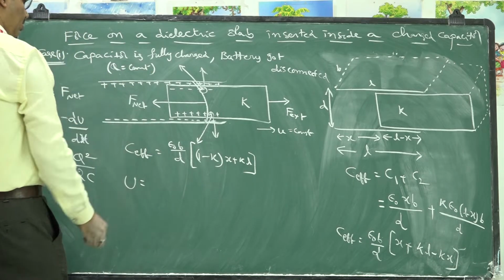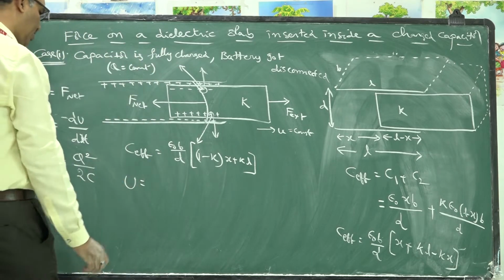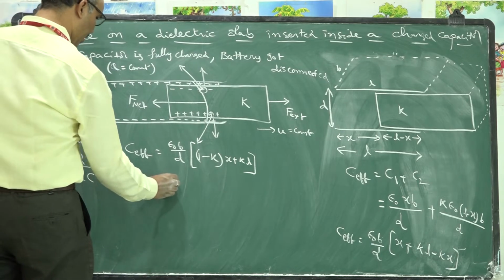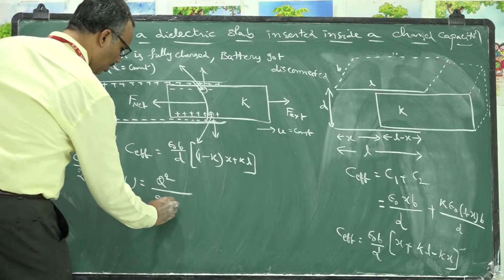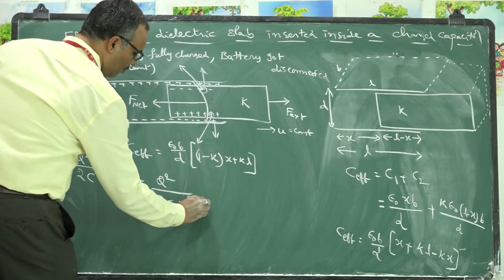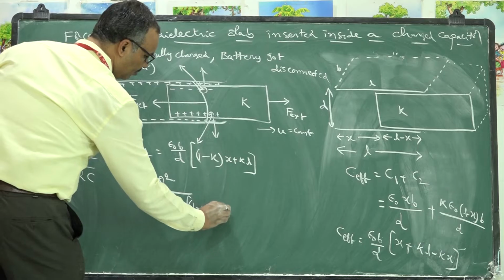Then the energy stored is given by Q square by 2C. As the battery got disconnected, the total charge is constant. So Q square by 2C, where C is epsilon naught b into 1 minus k into x plus KL, divided by d.